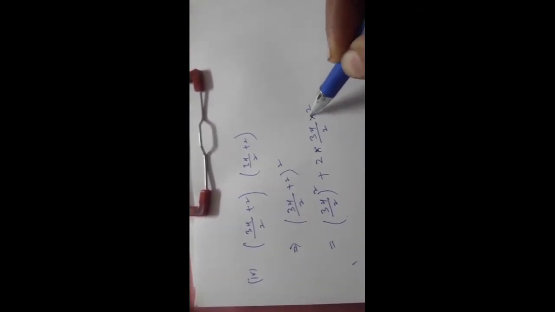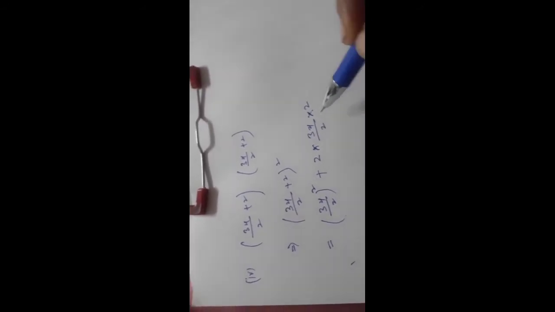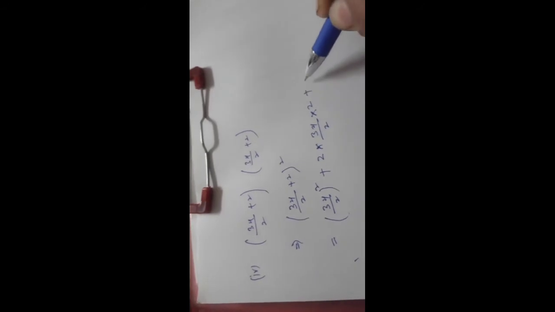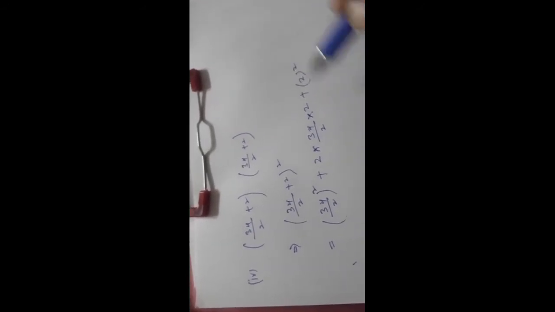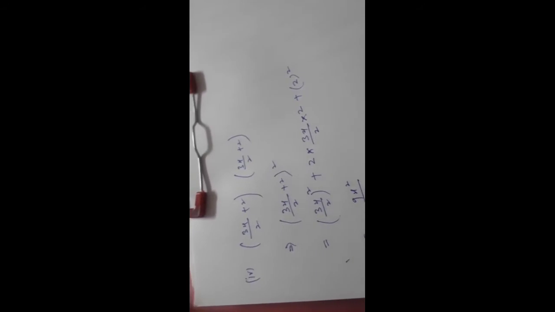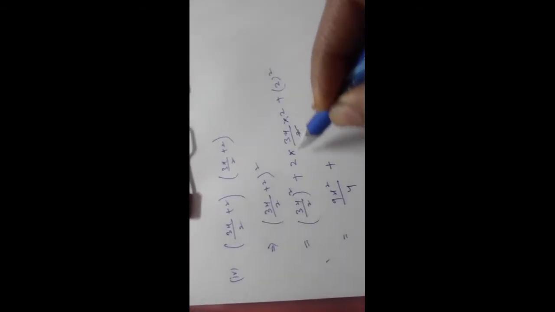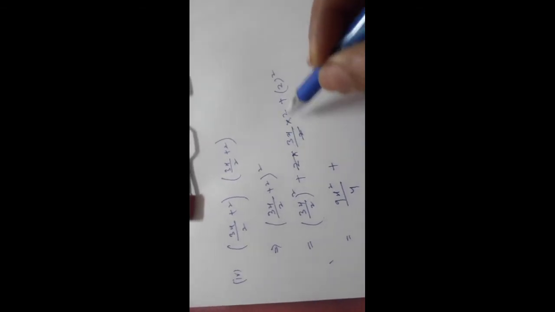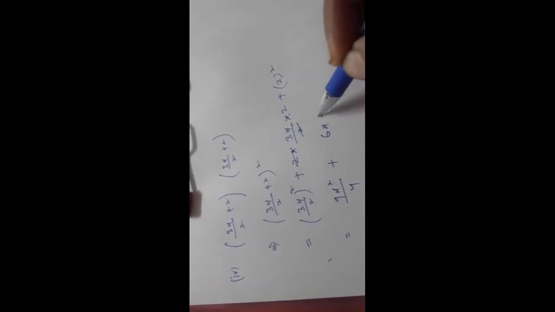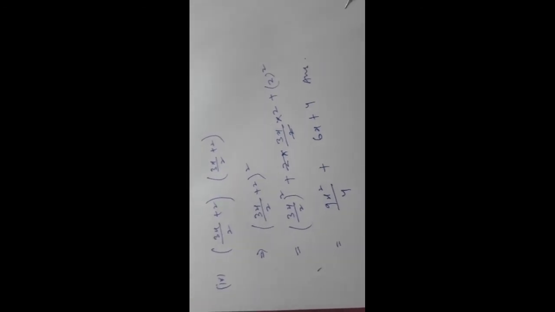We can write the multiplication sign or we can put the dot, the meaning is the same. Plus 2 square, which is b square. So it would come out as 9x square by 4 plus, the 2 gets cancelled, 3 into 2 is 6x, plus 4, which is the answer of our fourth part.